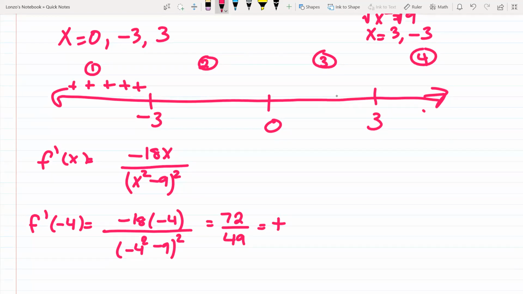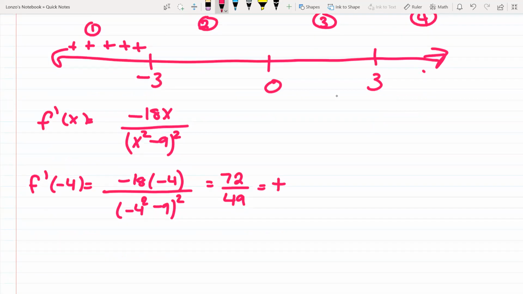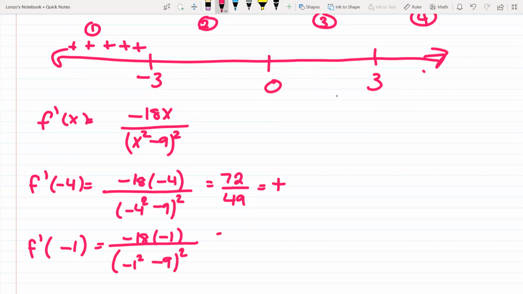Okay, let's test boundary 2. We need a number between negative 3 and 0, so let's test negative 1. So this would be 18 over 64. So that also would be positive.